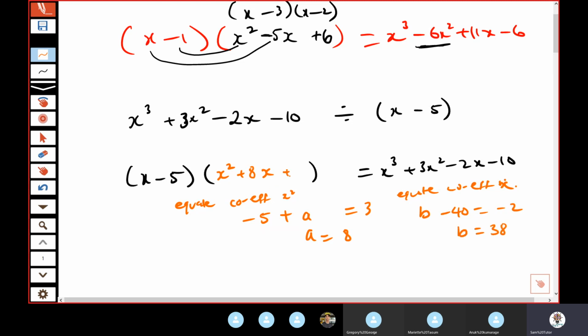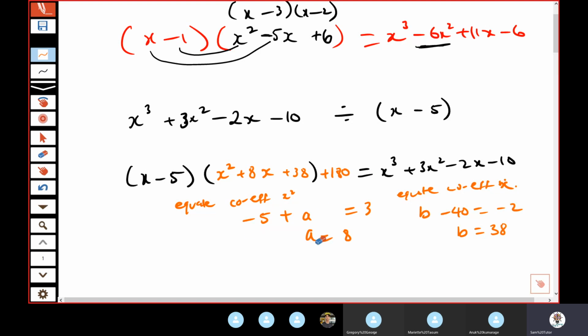You'll get 38. And then, last but not least, when you expand this, negative 5 times 38 is negative 190. You need it to be negative 10. So you're going to add 180, because then when you expand this, minus 190 plus 180 is negative 10. And that's it.